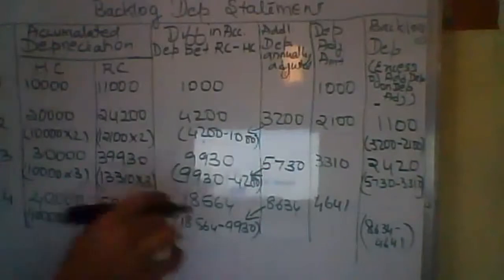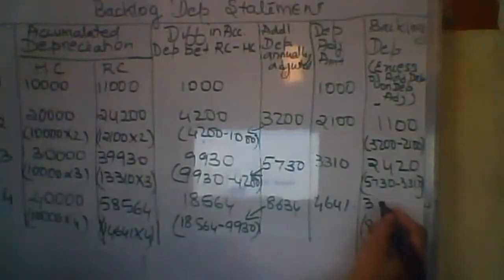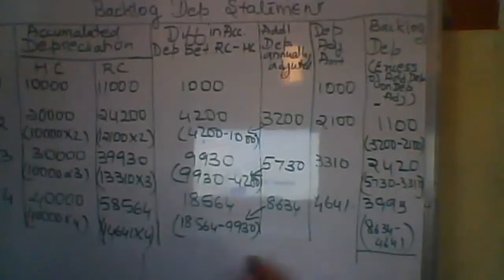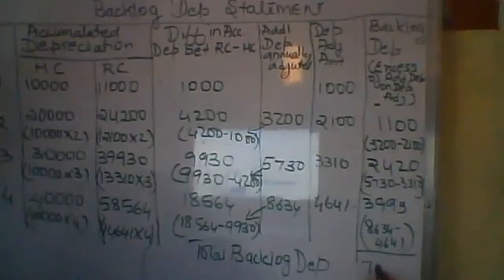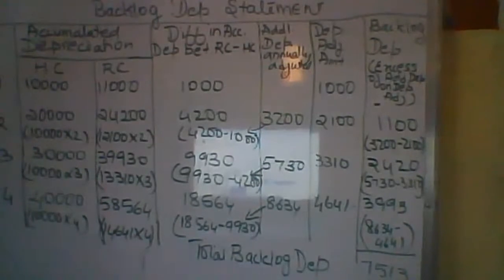So I should yet adjust 3,993. So total backlog depreciation is 7,513.